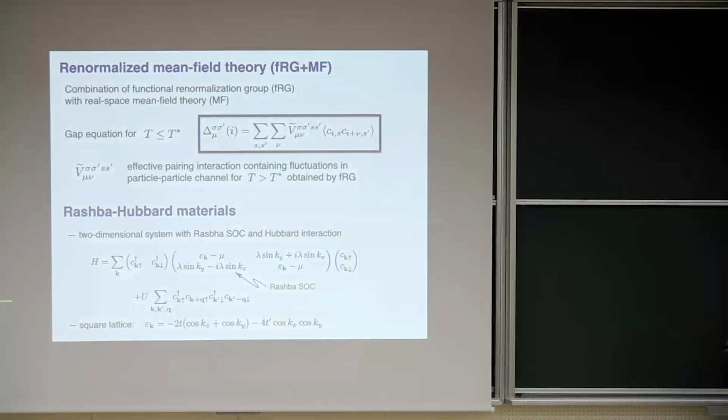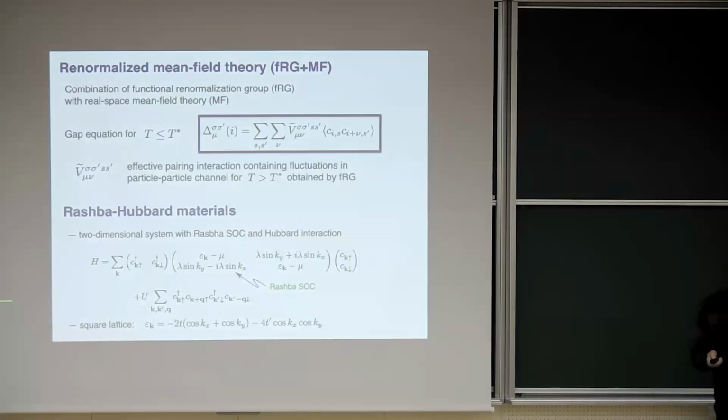Okay, so let me start off with this combined renormalization group and mean field theory approach. We start from a Hubbard interaction at high temperatures. Here it's on the square lattice, where we have a Rashba spin-orbit coupling term that splits the spin degeneracy of the band. We start from this at a high temperature, and then we derive renormalization group equations at each k point in the Brillouin zone.